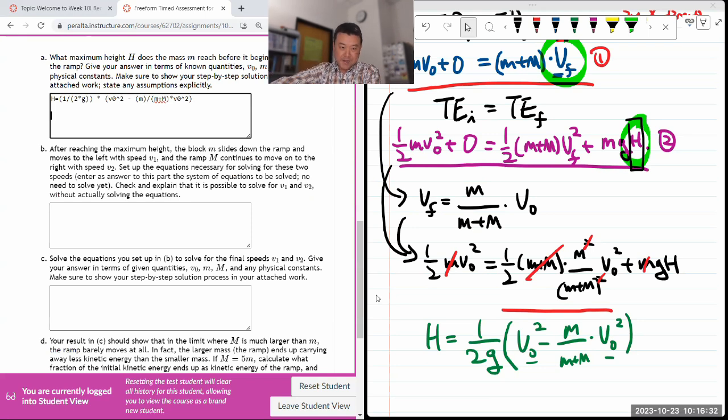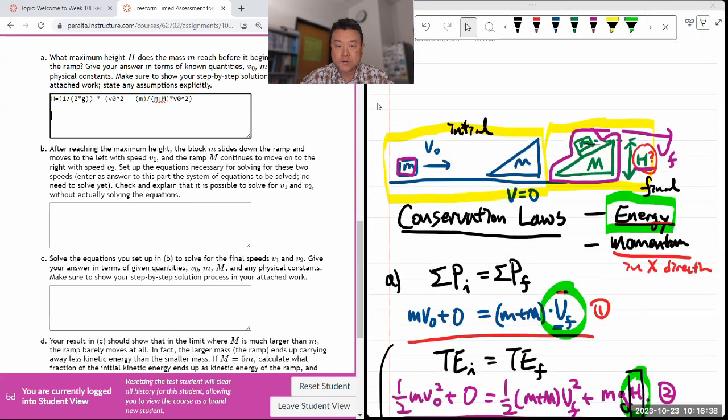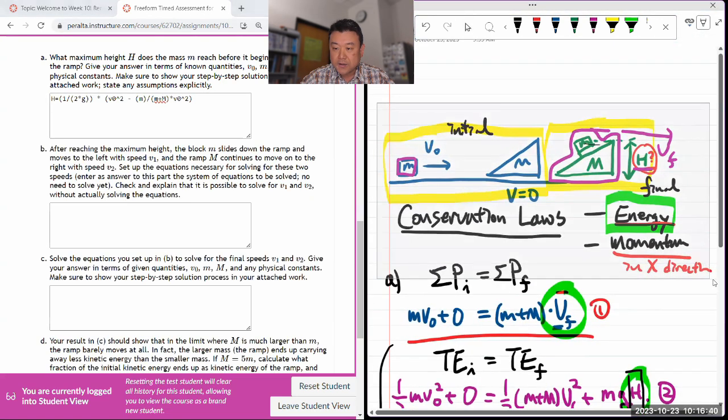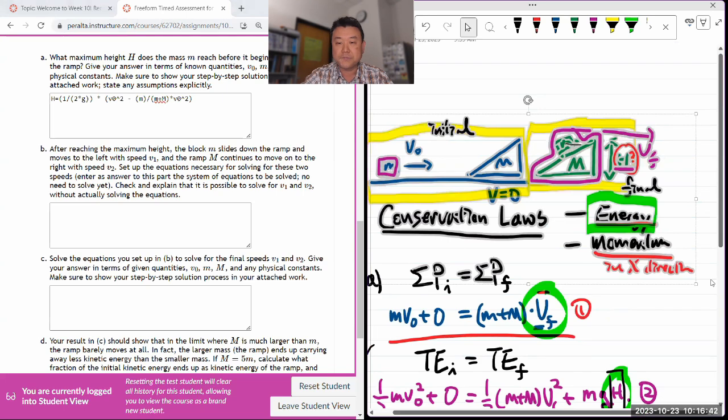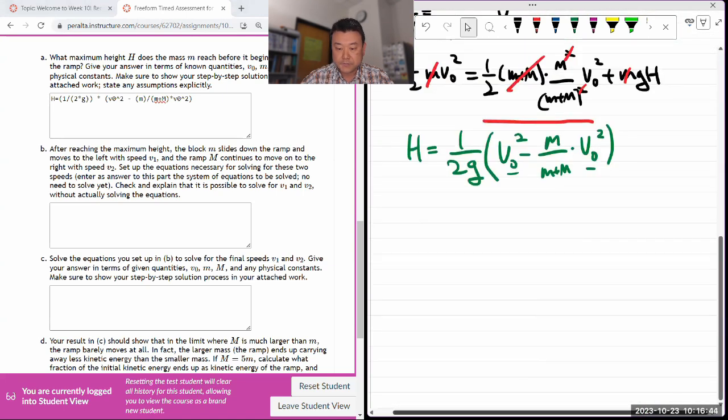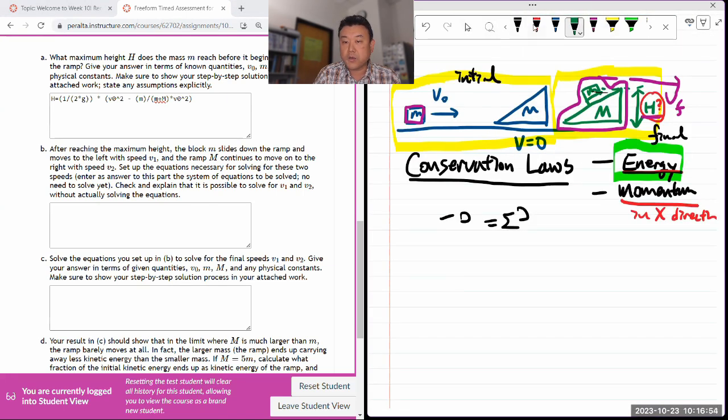Okay. So after reaching the maximum height, block M slides down the ramp and moves to the left with some speed. Let me just copy this over so that I can save a little bit of time in building my argument. We are now going past the scenario that was sketched out before. So this is still the initial.